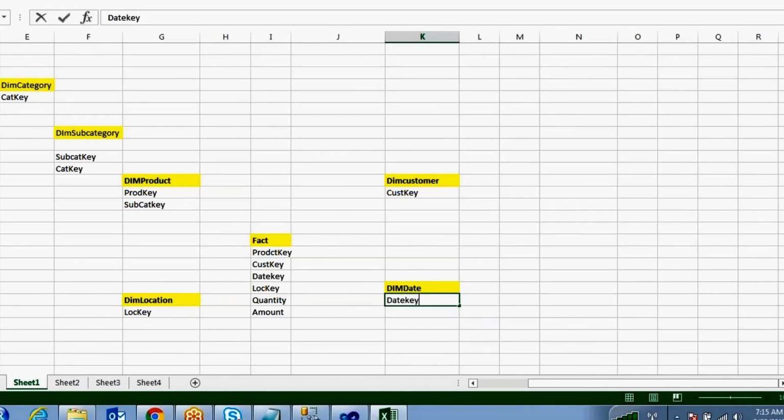This is my structure. So now you can join the product key with the product key, customer key with customer key, location key with location key, and date key with date key.